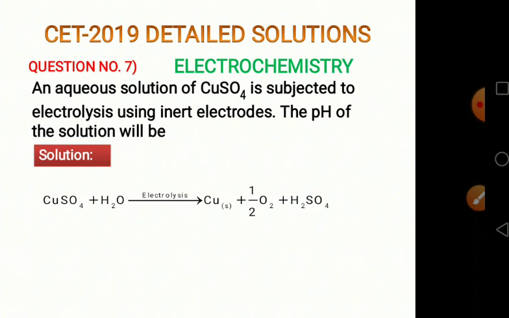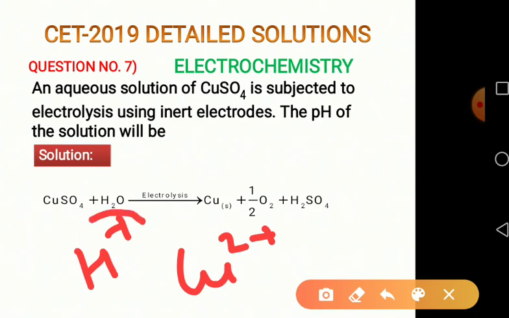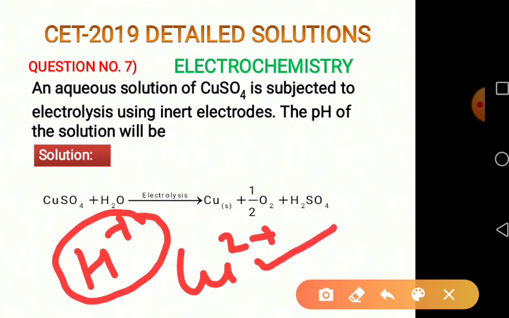In this case, two positive ions are present, H plus and Cu2 plus. H plus requires more discharge potential, hence Cu2 plus discharges as Cu.